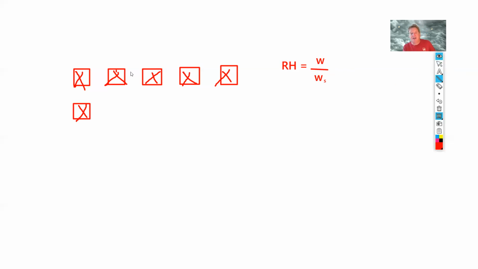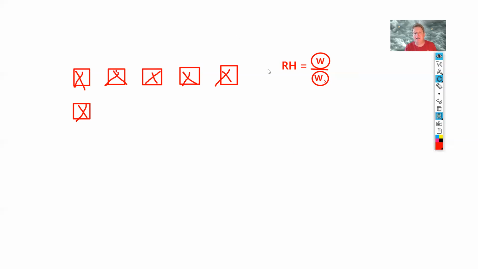W is how many people are there. Notice when I took out seats, did I lose people? So this number stayed the same. What changed? W sub S, the capacity. Remember, W sub S, saturation mixing ratio, how much can be there, that's a measure of capacity. That went down. Huh, interesting, huh? That went down.